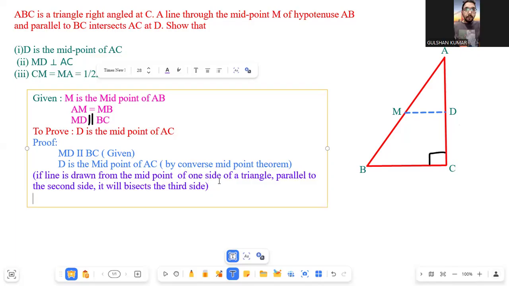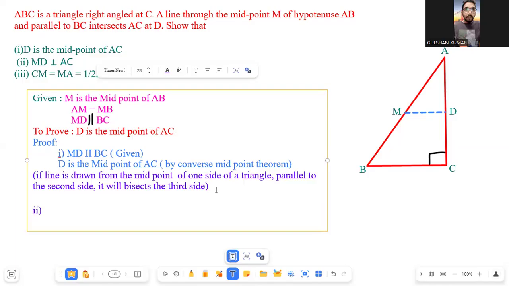So the first is proved here. Okay. Now the second one.